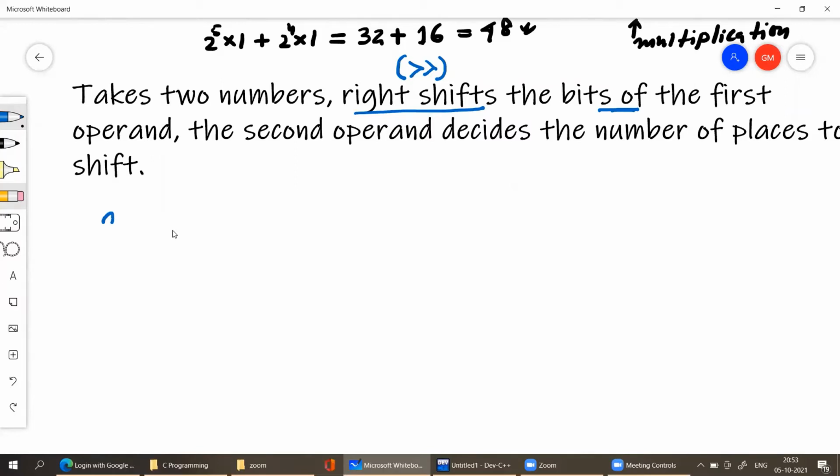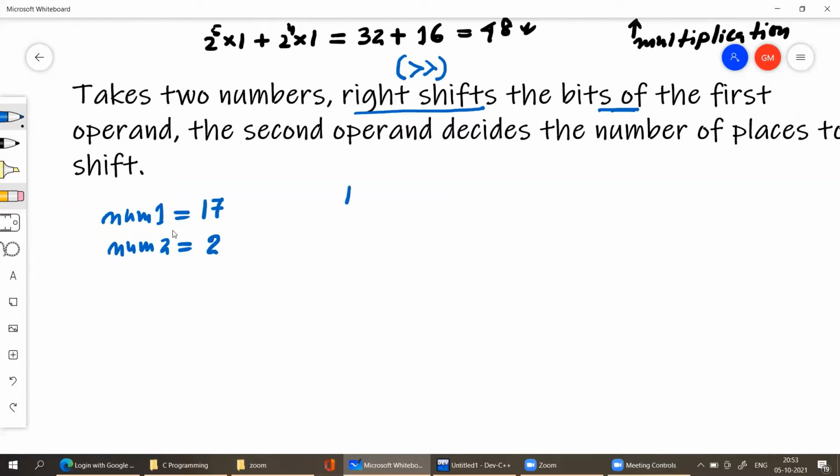So let's declare two numbers over here. num1, suppose I am writing 17, and num2, suppose I have taken 2. Now let's apply this.